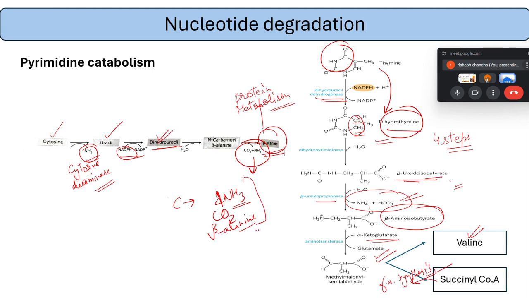So these are the products of the cytosine and uracil degradation. And for thymine, one molecule of ammonia, then CO2, and in the last, it forms either valine or succinic acid. So basically, this methylmalonyl semialdehyde is the product of the thymine catabolism.